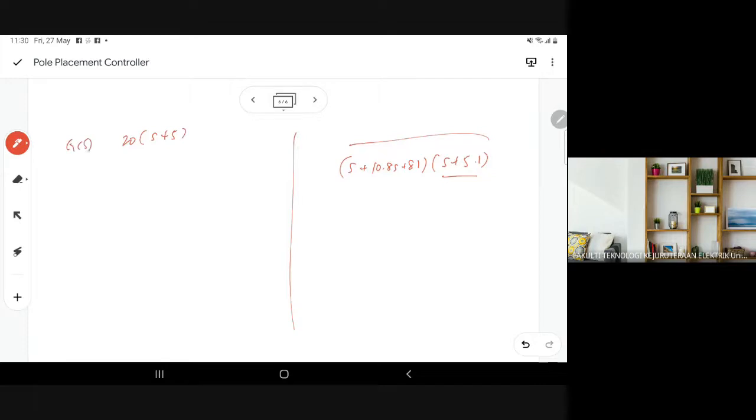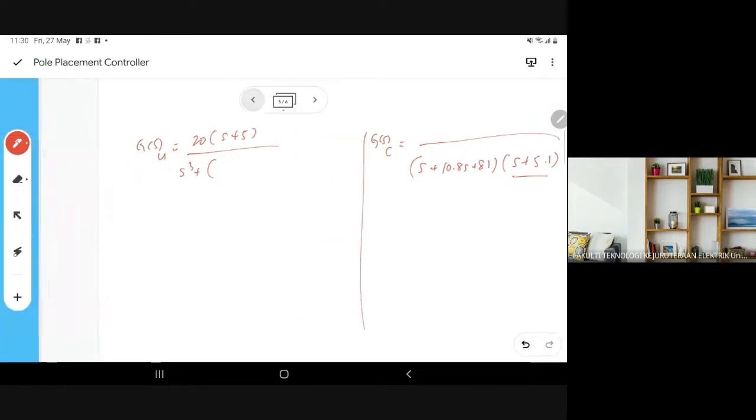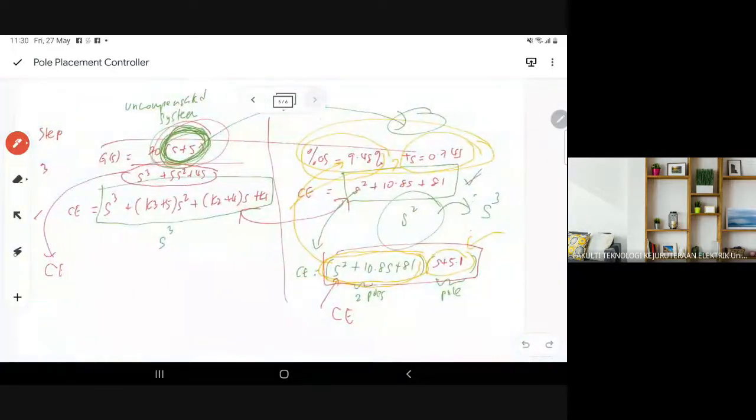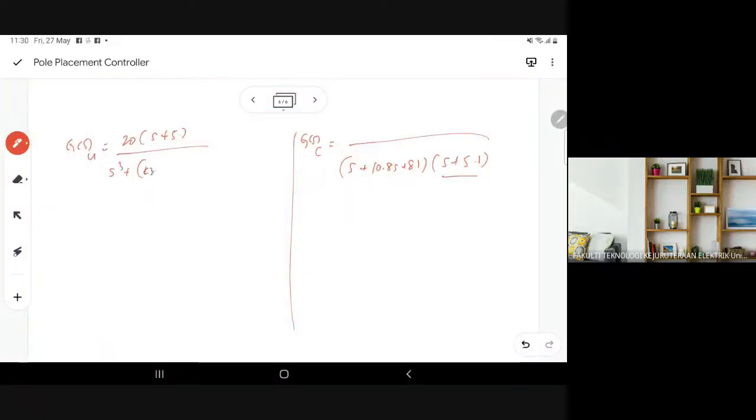This is G(s) of the uncompensated system, and this is the G(s) of the compensated system divided by S cubed plus K3 plus 5S plus K2 plus 4S plus K1, and this is the compensated system.